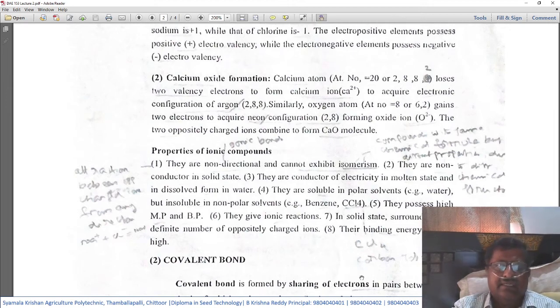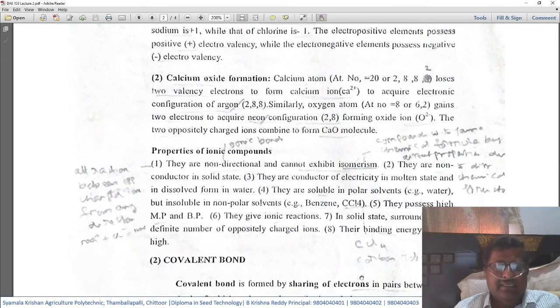Number one, they are non-directional and cannot exhibit isomerism. First, let us see what isomerism is. If two or more compounds have the same chemical formula but exhibit different properties, then they are called isomers. So this type of isomerism will not be exhibited by the ionic compounds.